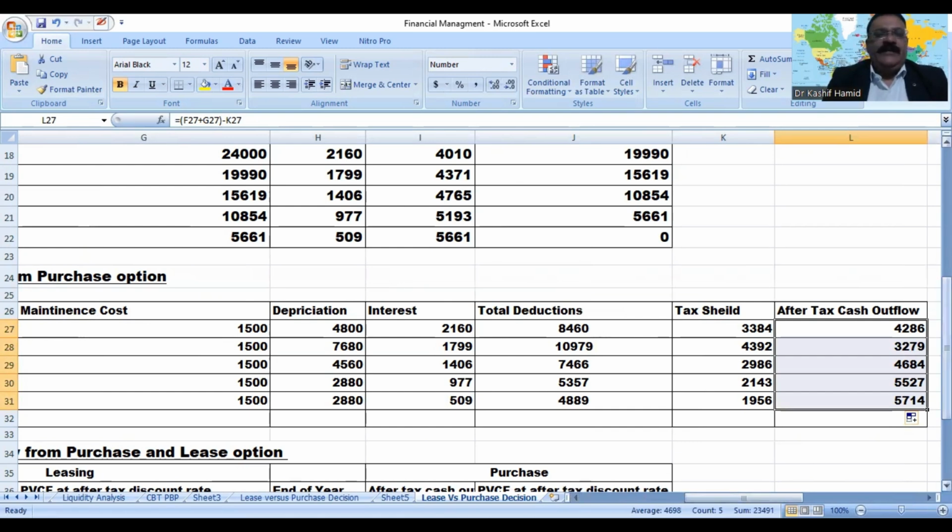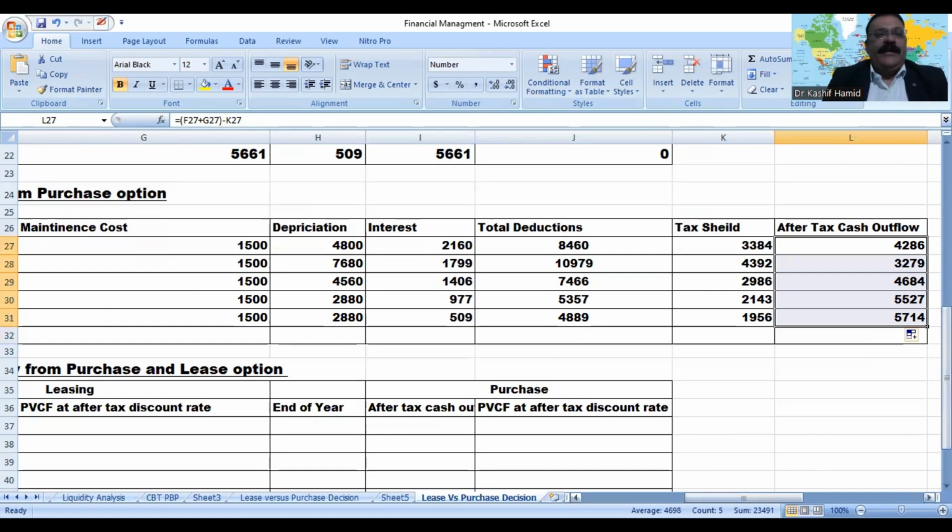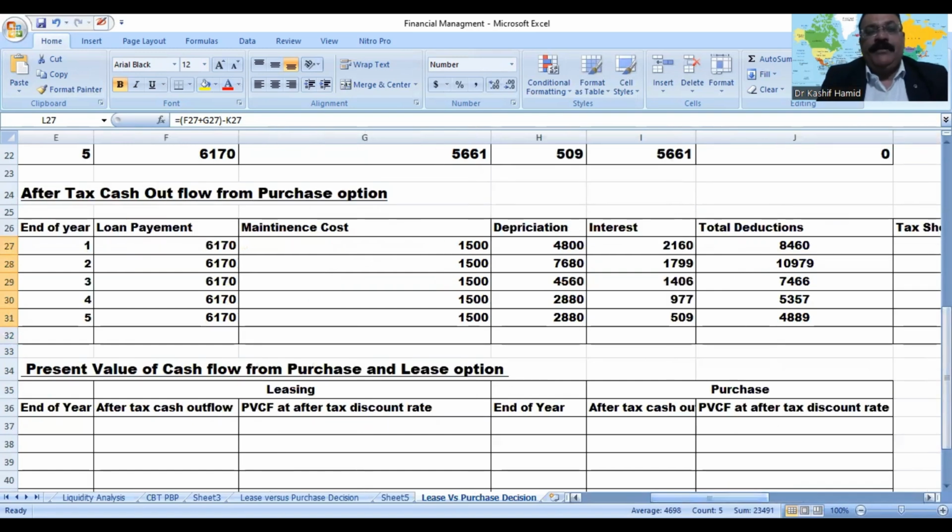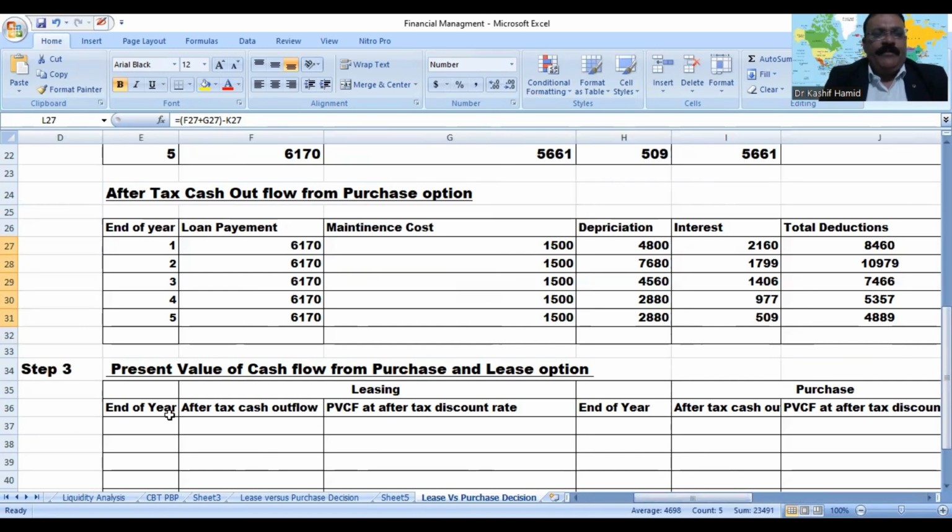Now we will decide whether we should go for the lease option or the purchase option. For lease, we will compute the after tax cash outflow and the present value of the cash flows at the after tax discount rate. And then in the same way for the purchase option.